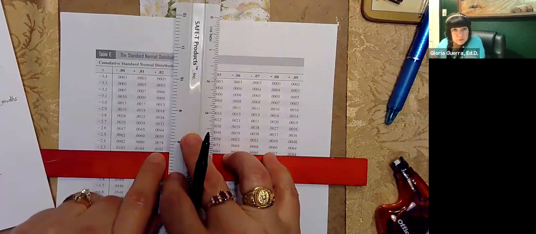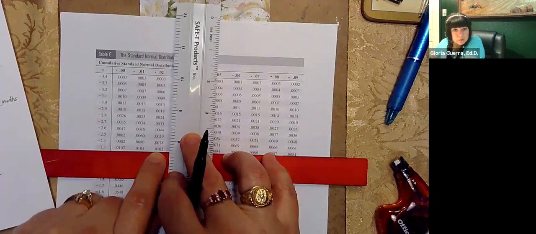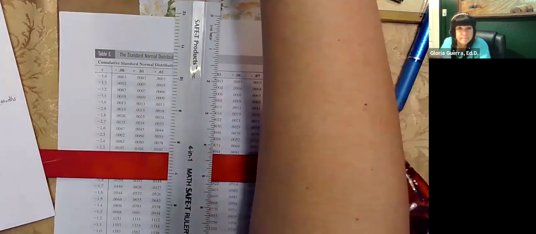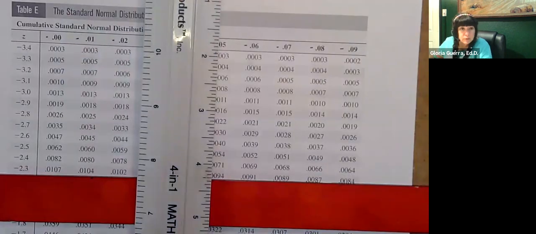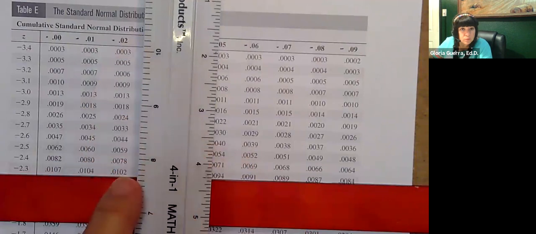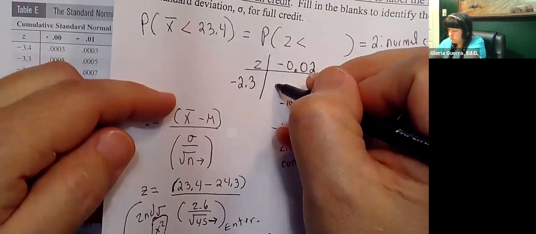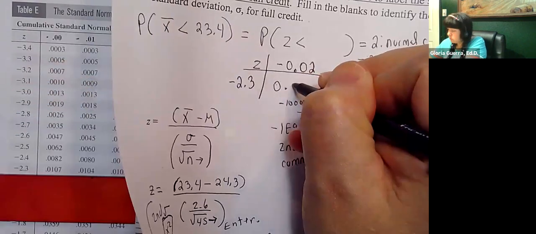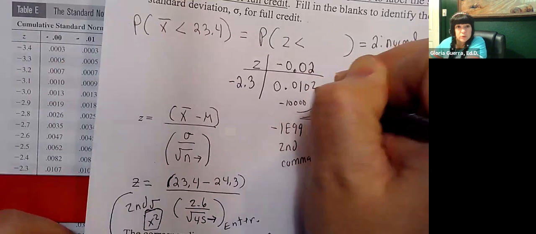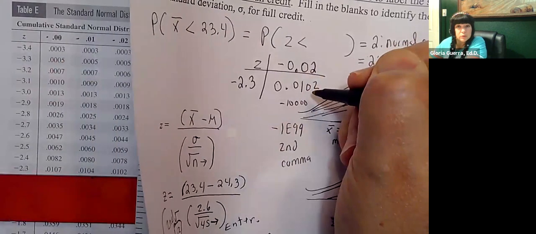Can you see that right there? 0.0102. Negative 2.3 and then the 0.02. 0.0102. Zero, 1, 0, 2.